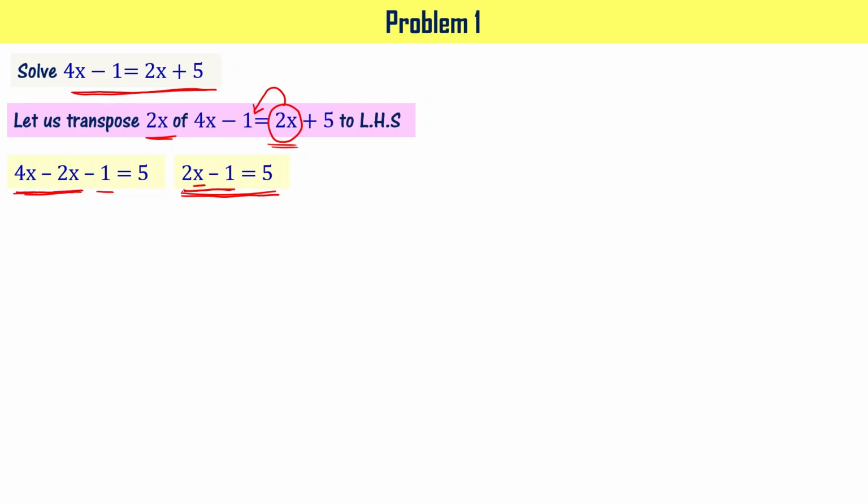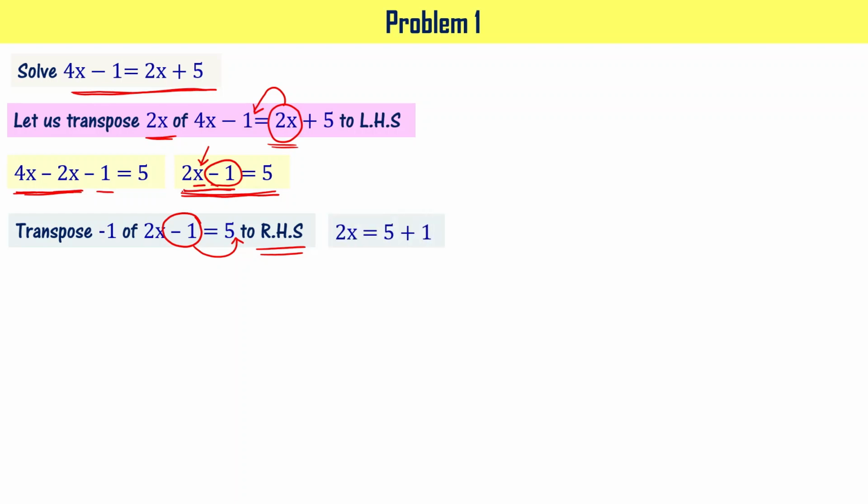Now, the term containing the variable is 2x, right? We have minus 1 here. We want to transpose that minus 1 to the right hand side. When you do that, it becomes plus 1, right? So I can write it as 2x equal to 5 plus 1. It means 2x equal to 6, right?